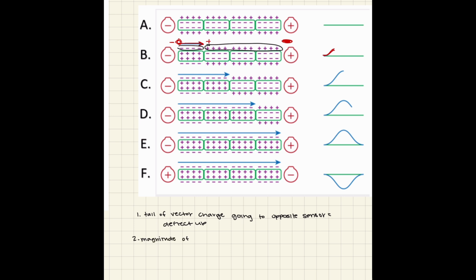And then the second rule is the magnitude of separation, basically, or the magnitude of the vector equals the amplitude. And the magnitude of the vector is determined by the separation of charges. So this vector is longer because there's more negative than positive, right? This vector has a greater magnitude, right?